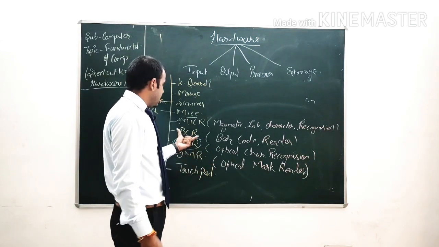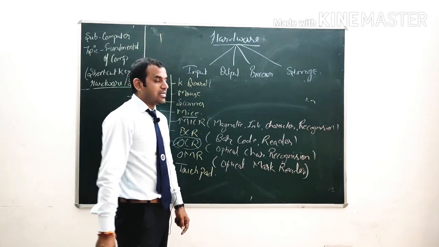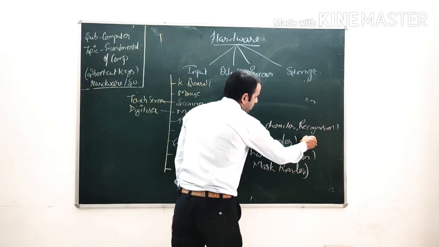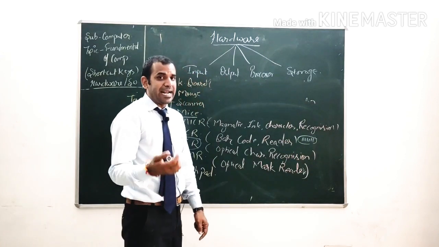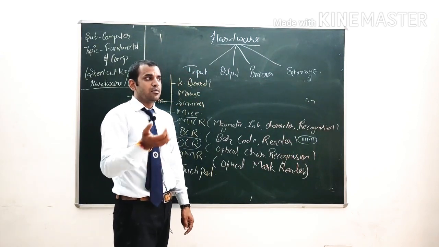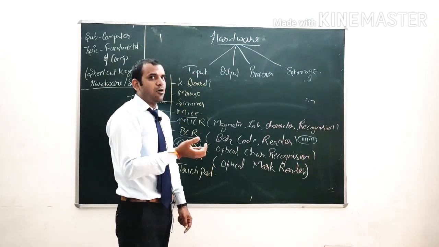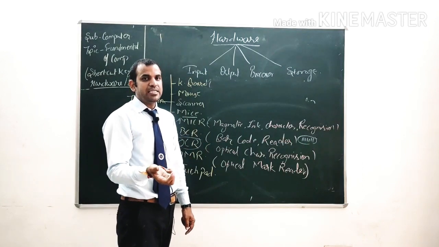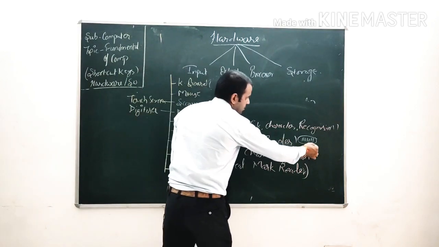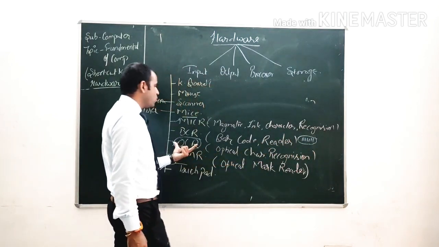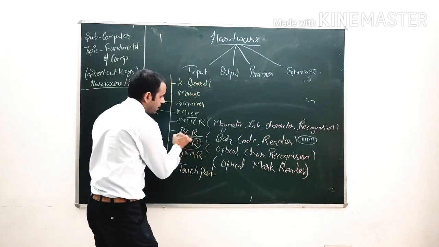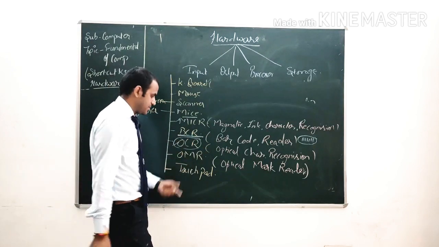If we are talking about the BCR, barcode reader, some bars are available on your product. These products can be your ID card, or any type of information available in the form of bars. To read these bars, barcode readers are available. So that's why it is an input device.